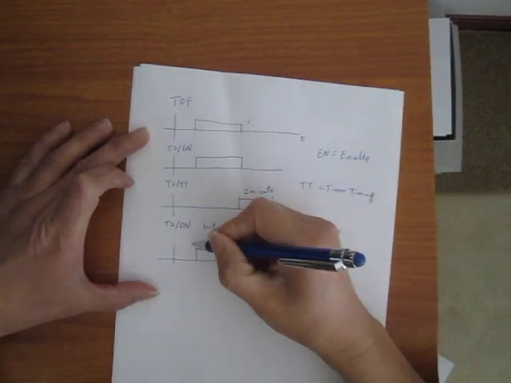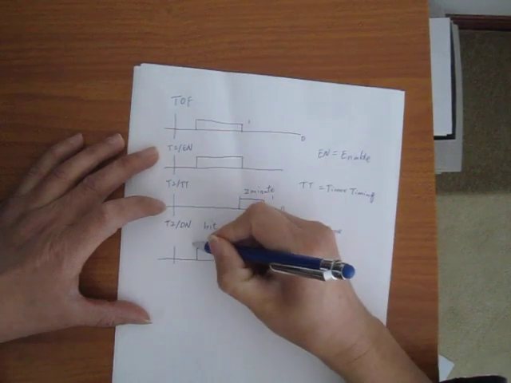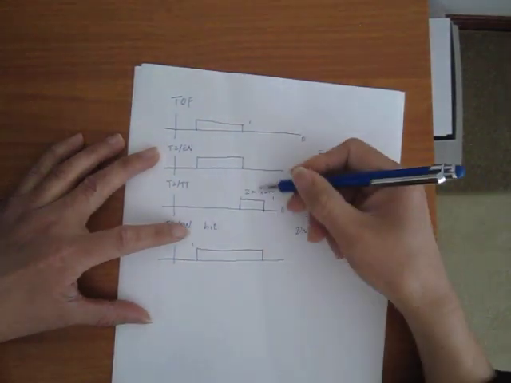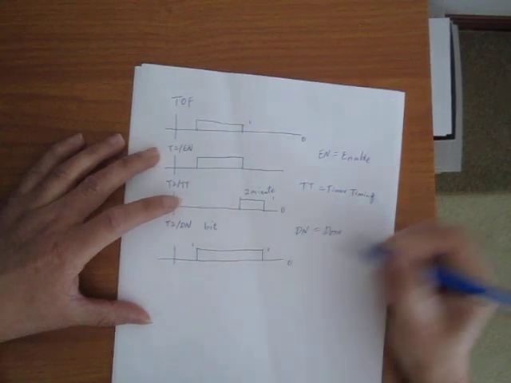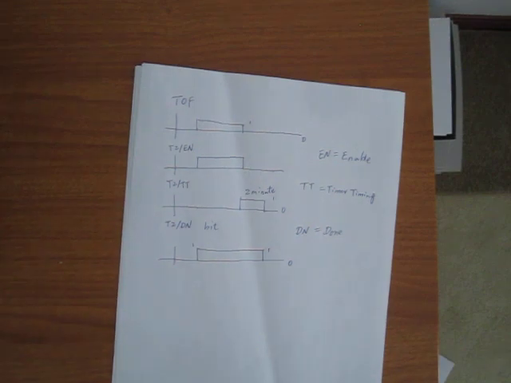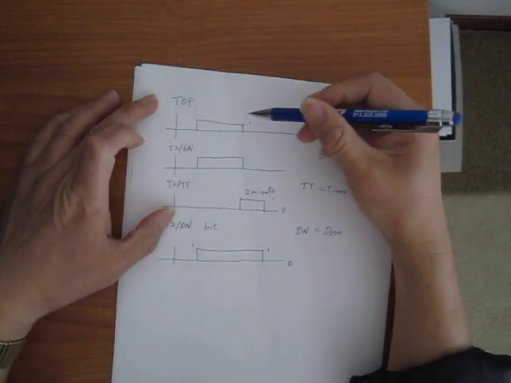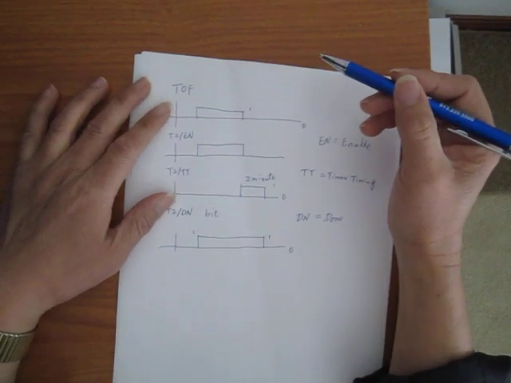Once you turn the switch on, DN will be true from here all the way to here. So this is a truth chart for the TOF, off delay timer.